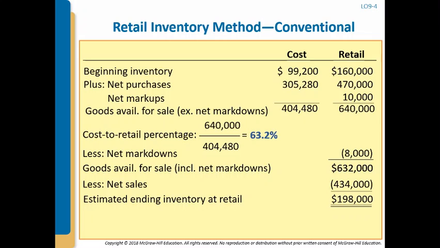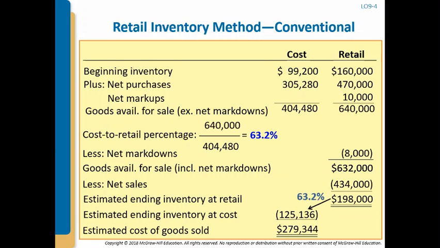And again, like we saw before, you figure out your estimated ending inventory at retail by subtracting net sales from goods available for sale, including the net markdowns, which are calculated after determining the cost to retail percentage. And then you take that percentage, you multiply that times, in this case, 198,000, and you come up with 125,136.